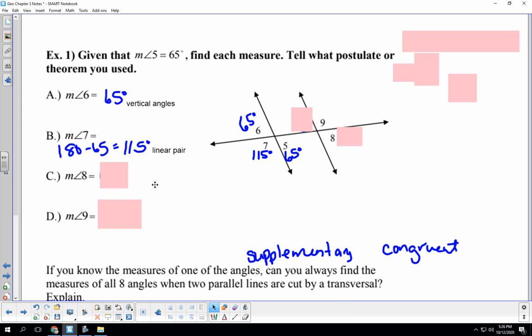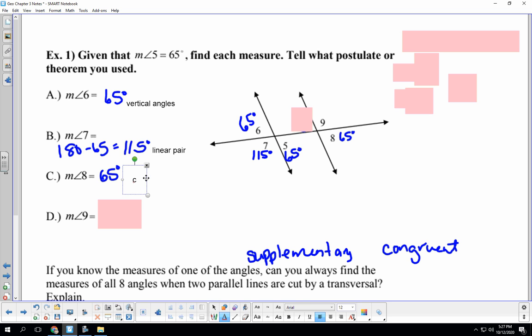Okay, angle 8. Ooh, angle 8. 65 degrees. Let's go. We can either use alternate exteriors or corresponding. Let's use corresponding because we haven't already. So angle 8 is 65 degrees because he is congruent to angle 5 by corresponding angles.